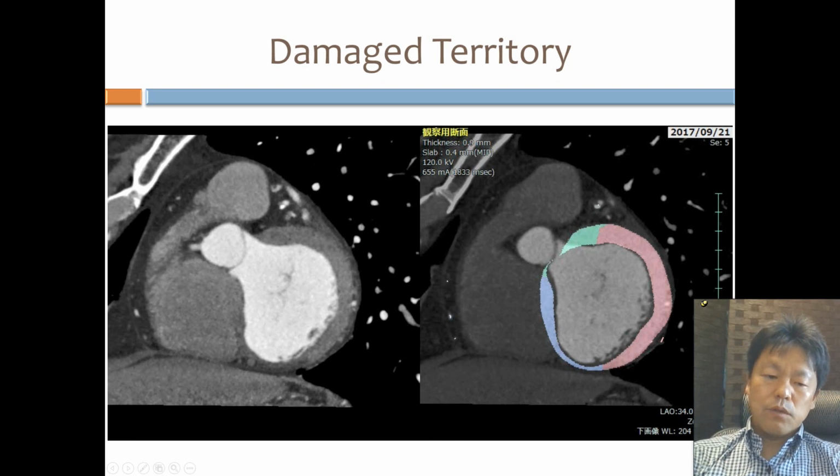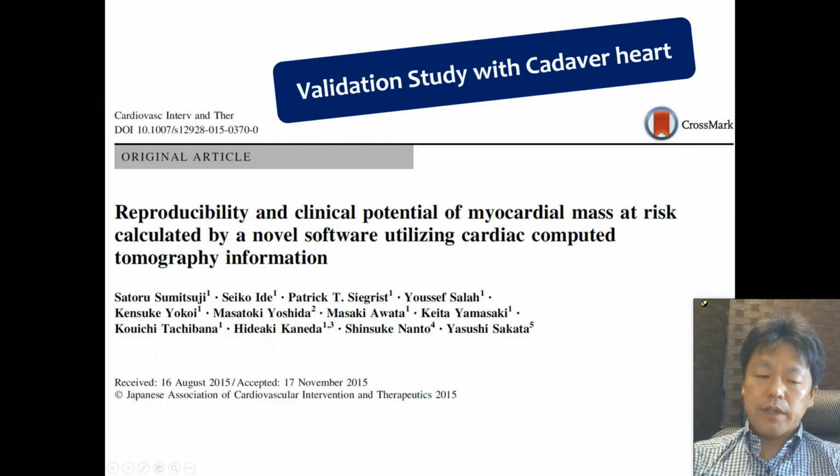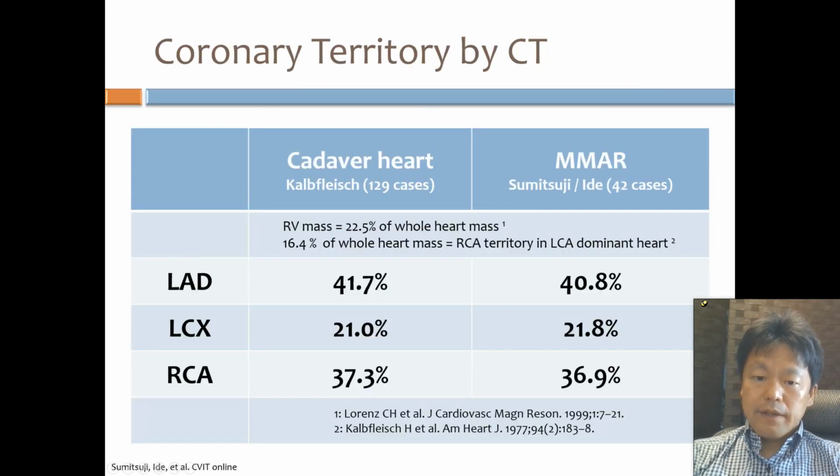So we have strong belief in the accuracy of the software and the algorithm, but we did a validation study. The first one is a validation with a cadaver heart. We looked at how much myocardium the three major coronary arteries have for the whole heart, not the left ventricle.